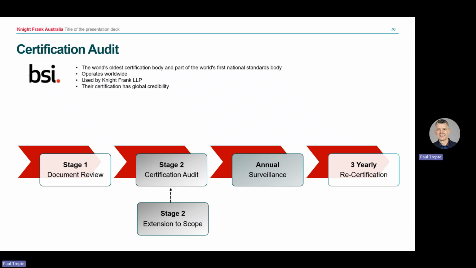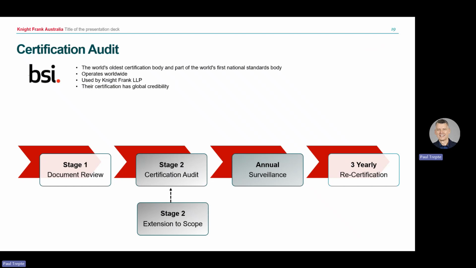BSI stands for the British Standards Institution, but they do keep the assurance certification activities completely separate from their standards body activities. They operate worldwide, and as I mentioned, they're used by Knight Frank LLP.